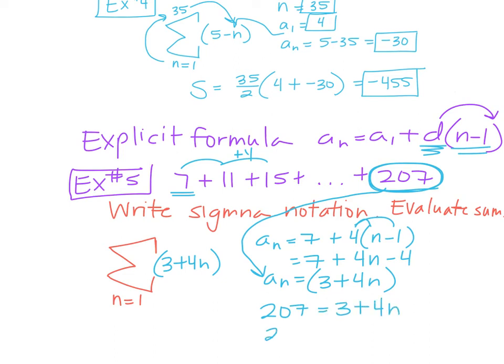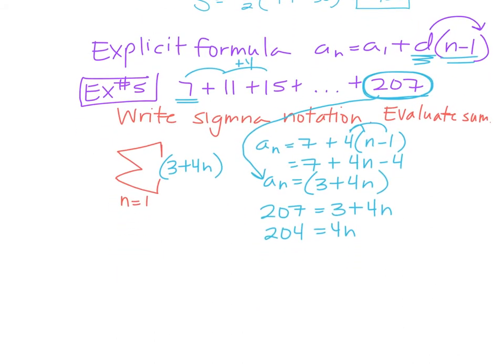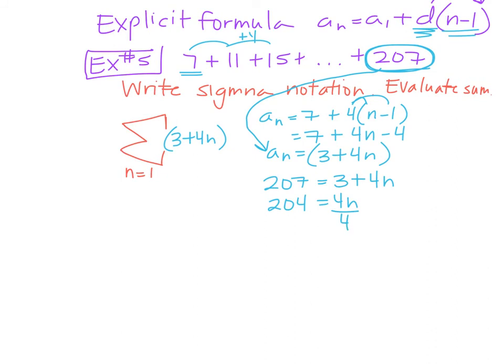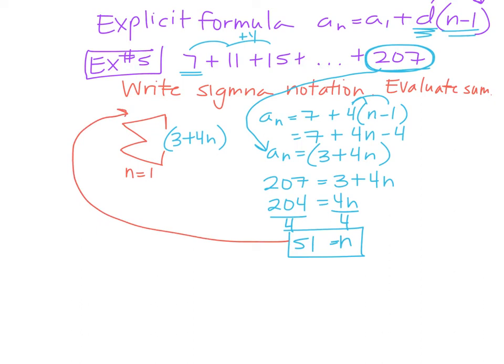Take away 3, you get 204 equals 4n, and then divide by 4, and we get n equals 51. So that number we're going to carry over up here to say there are 51 terms.